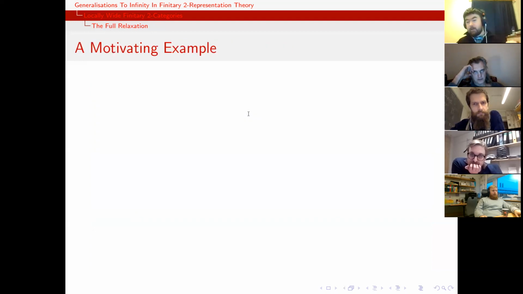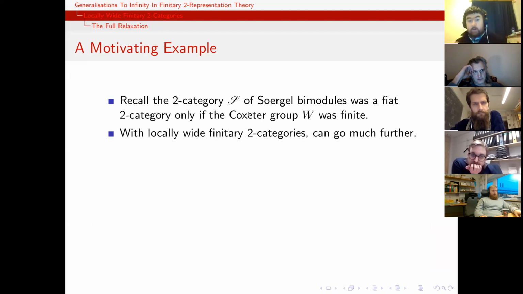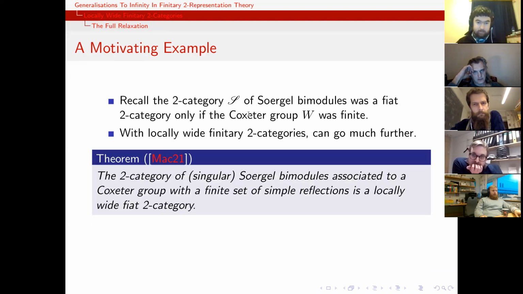So the motivating example, if you recall, Soergel bimodules, and the two category of them, was a fiat two category only when the Coxeter group was finite. Now that we've got this locally wide finitary two category setup, it turns out we can go much further. As I proved in my second paper, the two category of singular Soergel bimodules, which is a somewhat technical thing, associated to any Coxeter group with a finite set of simple reflections is a locally wide fiat two category.